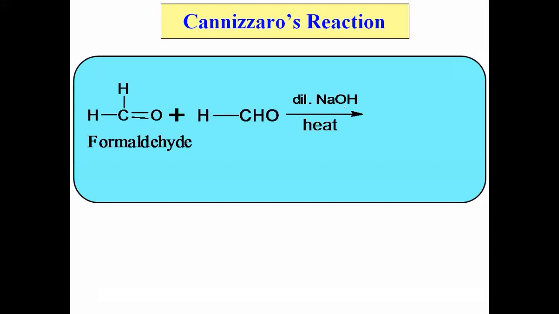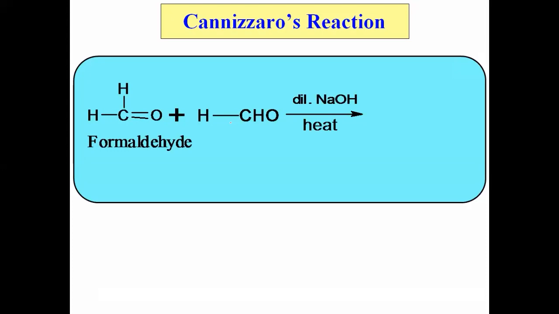One molecule of formaldehyde undergoes reduction, while another molecule undergoes oxidation. Means when that aldehyde is heated with dilute alkali, it undergoes self-reduction and oxidation reaction, one molecule is reduced while another molecule is oxidized.